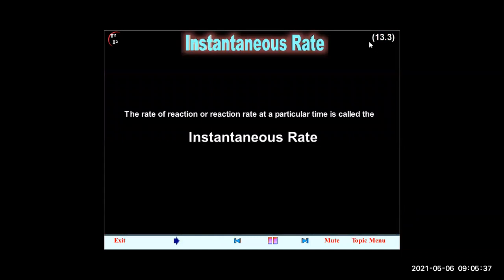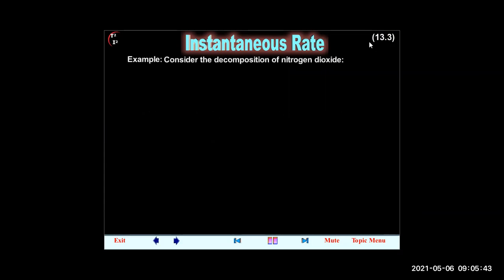The rate of reaction, or reaction rate, at a particular time is called the instantaneous rate. Example: consider the decomposition of nitrogen dioxide.